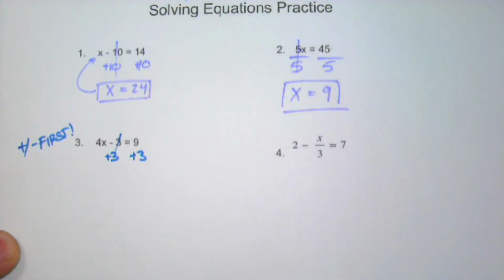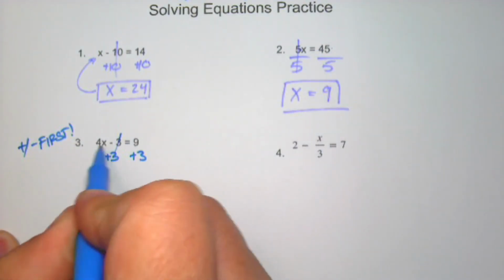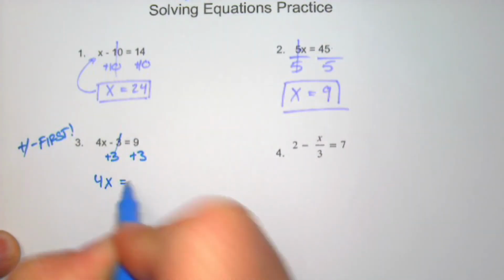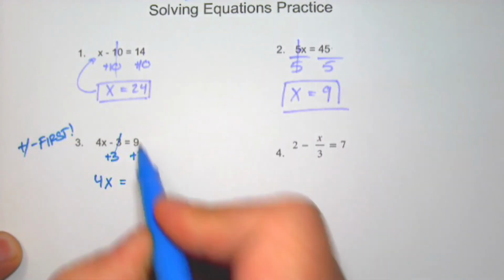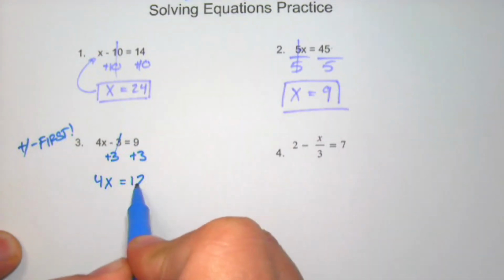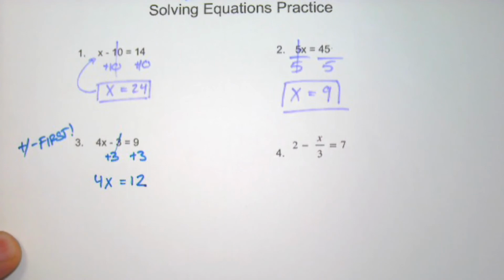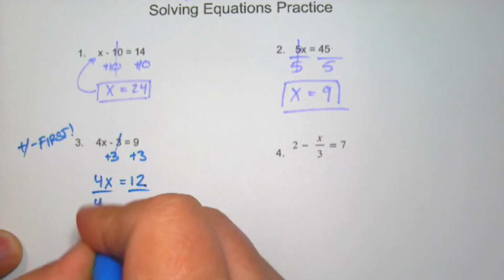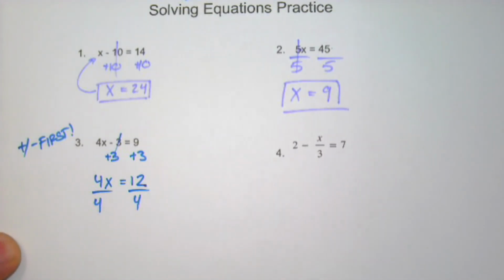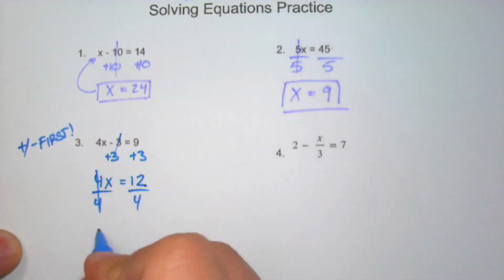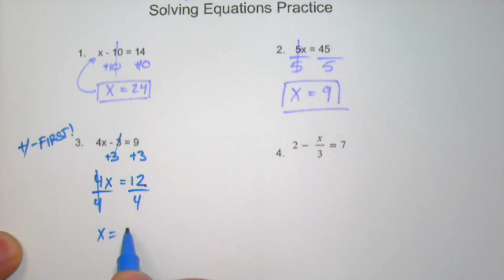Well, now the 3's will cancel out. That 4x is untouched, so it comes down. That 9 plus 3 gives me 12. And now after I've done that, no more debate. I see multiplication, so I use division. 4 divided by 4 again will cancel out, and 12 divided by 4 is 3.